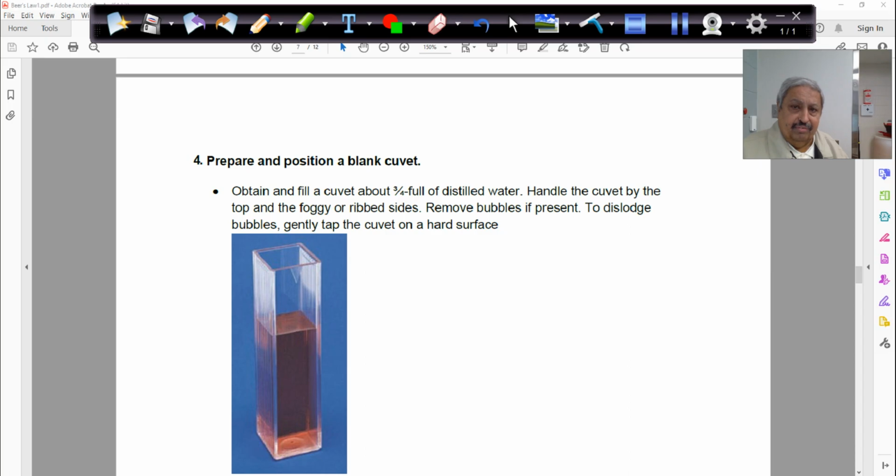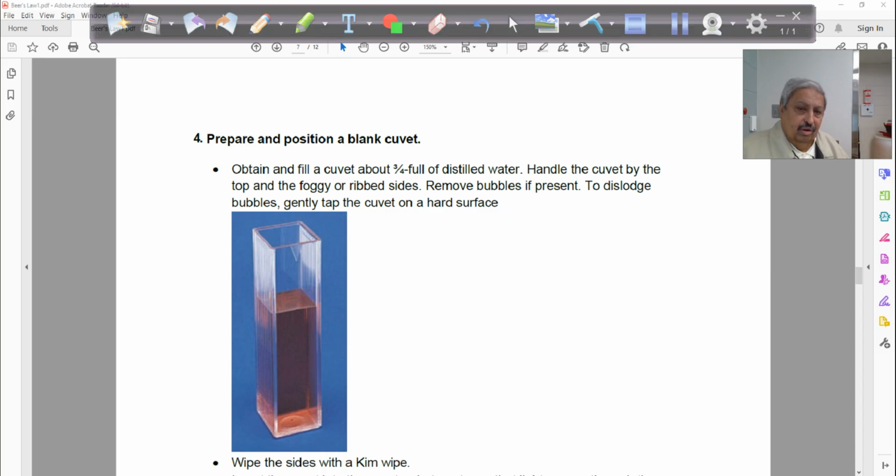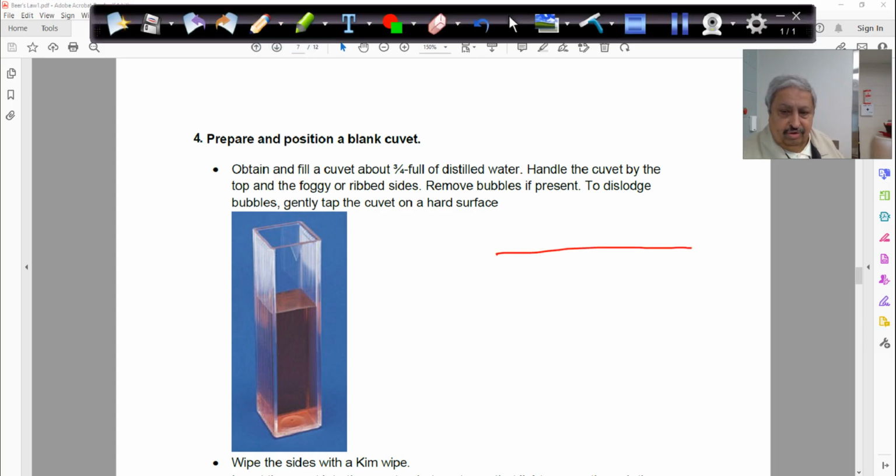Every time after a calibration with H2O, you will have your scratch paper with the table here. First we did the calibration, correct? Then you will have to determine the maximum wavelength for this solution, nickel nitrate, nickel(II) nitrate hexahydrate. What's the maximum wavelength it can be absorbing light?